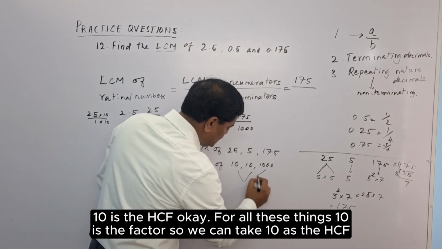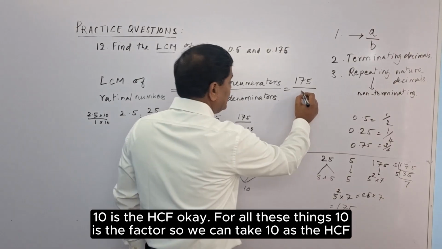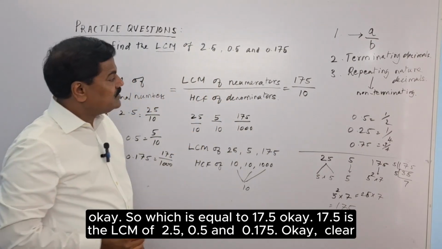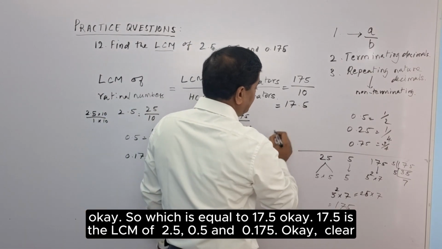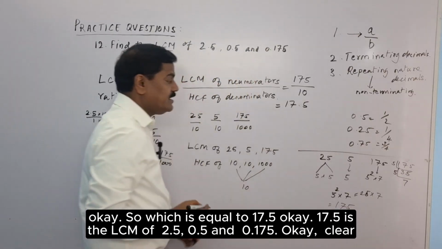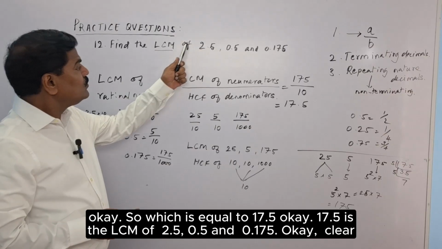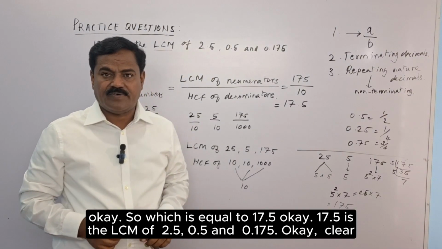Which gives 175 divided by 10, equal to 17.5. Okay, 17.5 is the LCM of 2.5, 0.5 and 0.175.